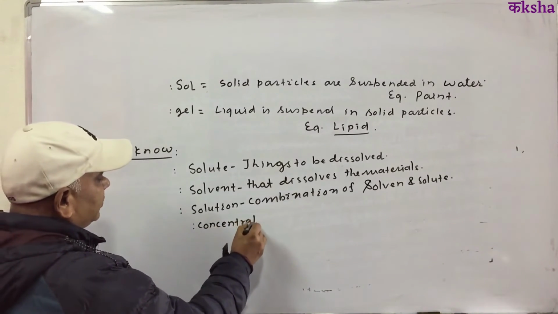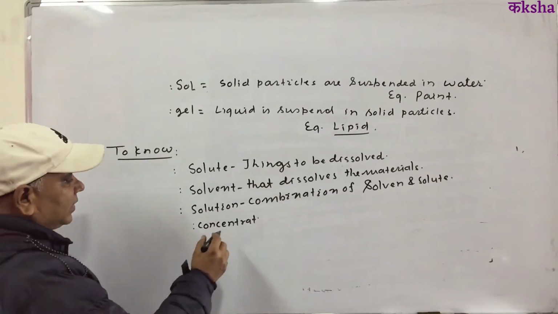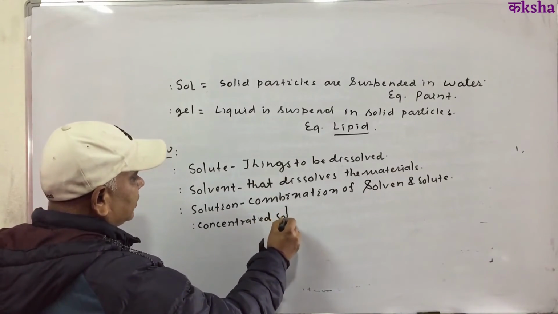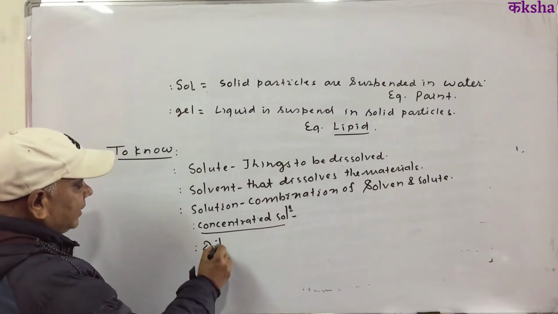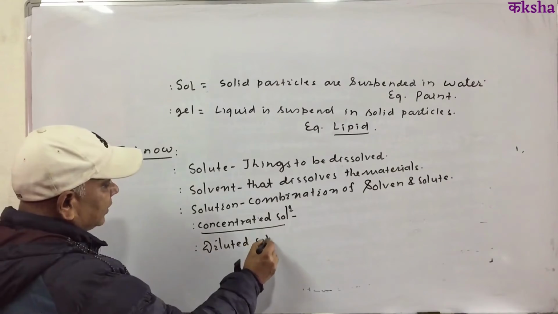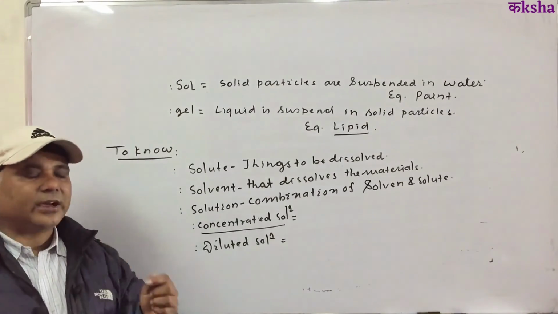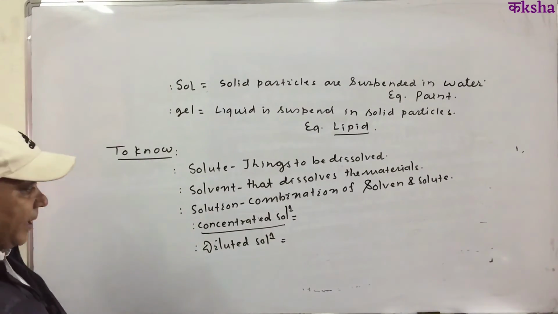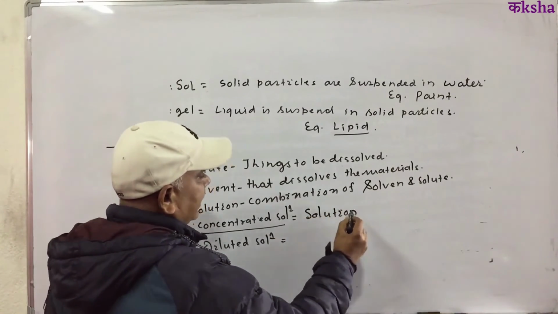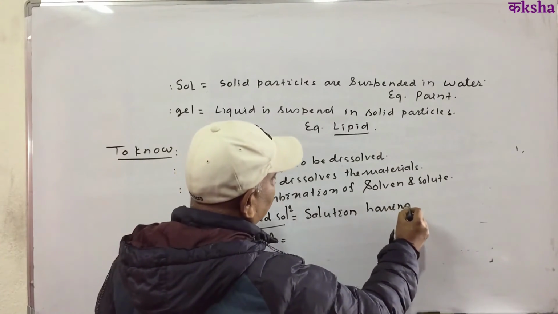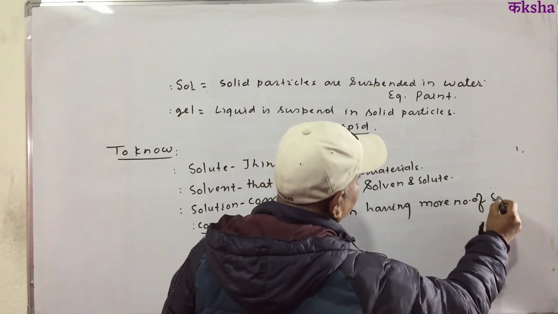If you don't know this, you can't study diffusion and other topics. What is a concentrated solution? And the other is diluted solution, right? You must have an idea about this. A concentrated solution is a solution having more number of solutes.